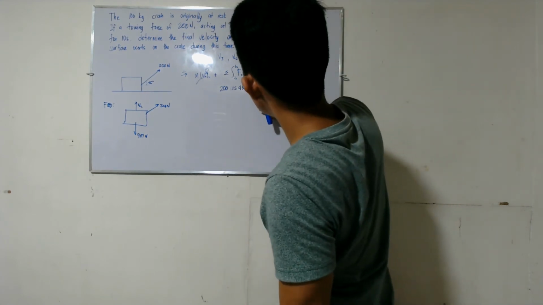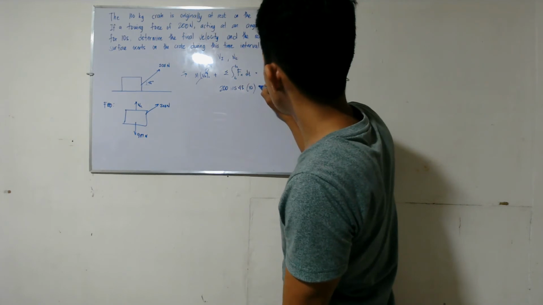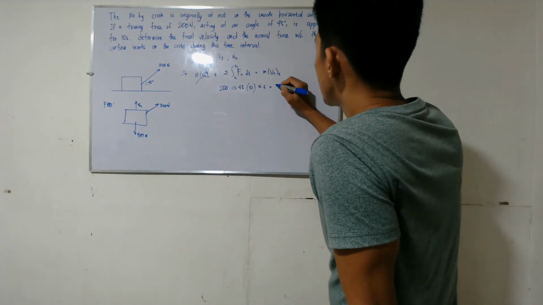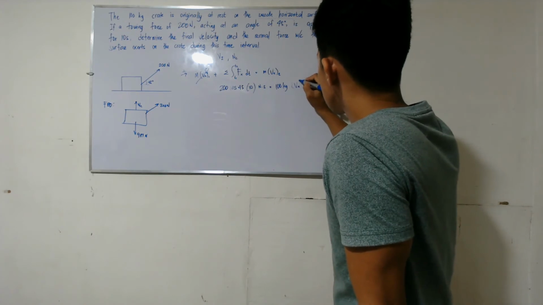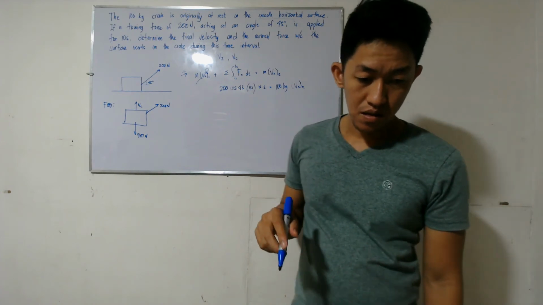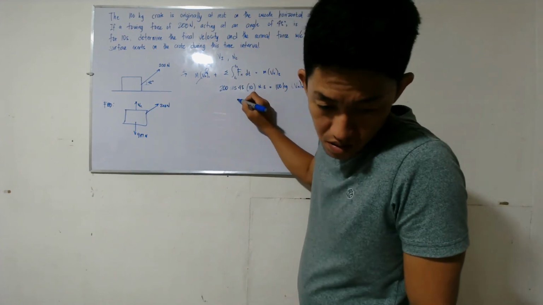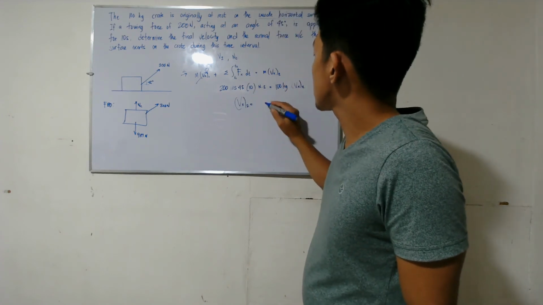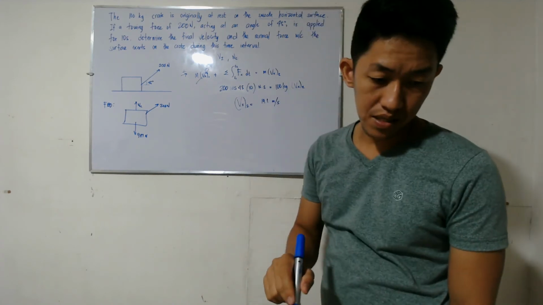The unit ani is Newton second is equal to 100 kilogram V sub x 2. Okay? So, pila yung answer ani? V sub x 2 is just 14.1 meter per second. Okay?